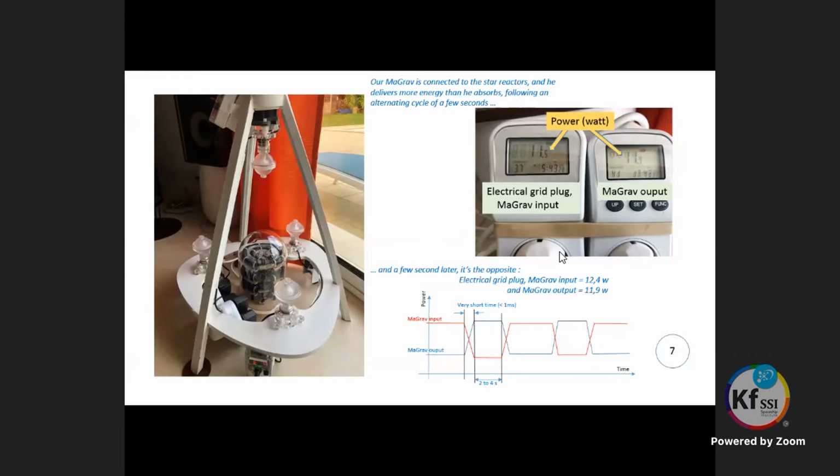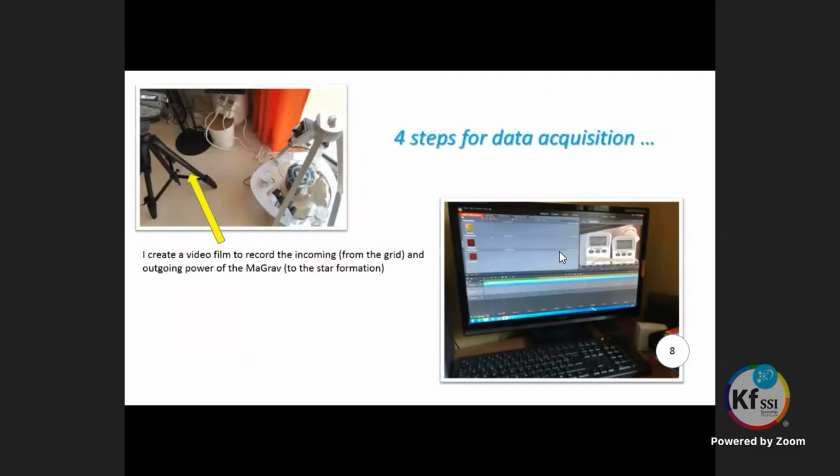Yes. So I do a record of the values of power from the grid and out of the Magrav to give power to the star formation. So I took a video film to record the incoming power from the grid and the outgoing power to the Magrav to the star formation.